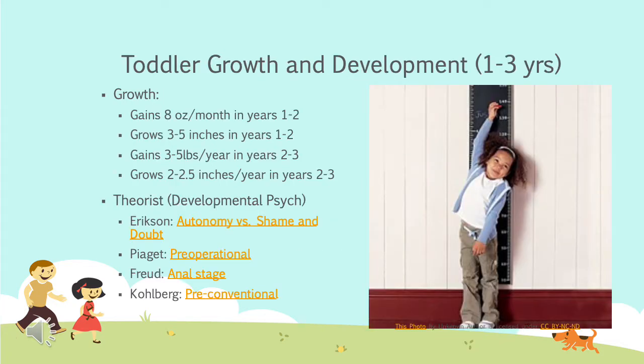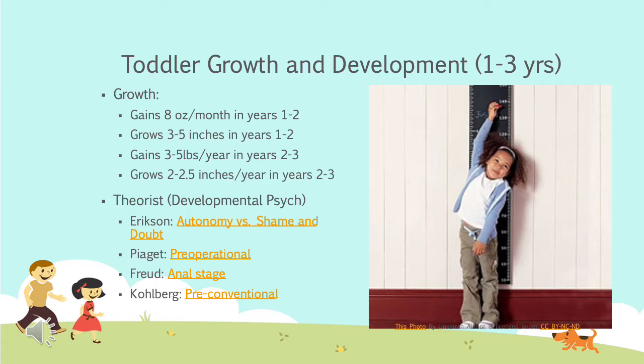Now we're talking just about the toddler. So this is age 1 to 3. The toddler is going to grow between age 1 to 2, so the first half of toddlerhood. They're going to gain about 8 ounces a month and grow about 3 to 5 inches a year in that time frame. Then as they get a little bit older, so between 2 and 3, they're going to gain 3 to 5 pounds that year, and then they're also going to grow about 2 to 2.5 inches.